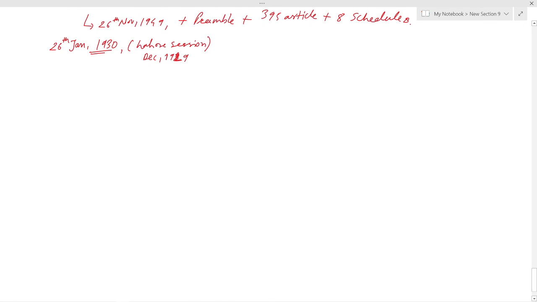Now, after the drafting, there are some criticisms faced by the Constituent Assembly. There is not much probability of a question from this topic in prelims, but there can be an analytical question. So we will just write down the highlights.